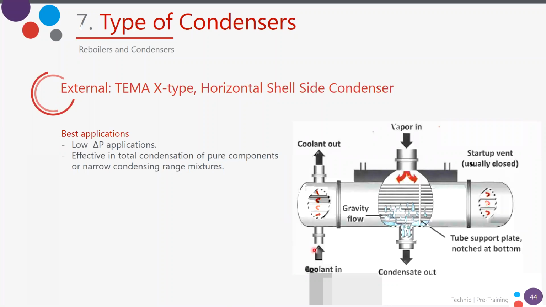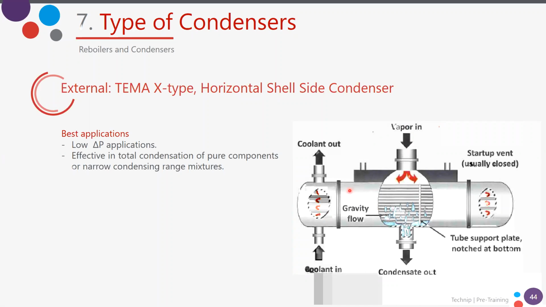In this case, the TEMA X type means that we have only one shell side nozzle. This one is a distributor. So we have the inlet nozzle, a distributor of our vapor, which will be distributed along the shell side. And instead of having baffles, we have supports.